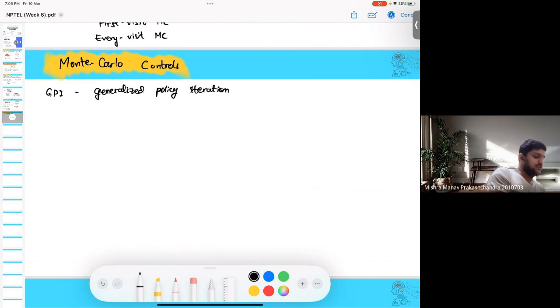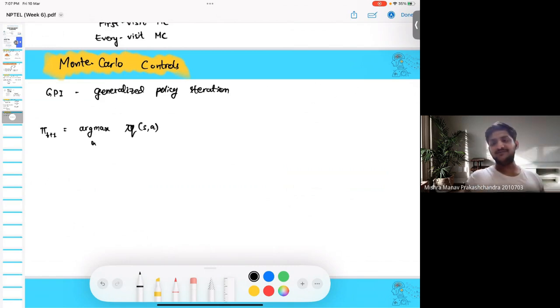So now, if I want to get policy pi at time t plus 1, I can do it like this. I can do argmax of Q given s comma a. So here I'll not use a value function, but rather I'll use a Q function.